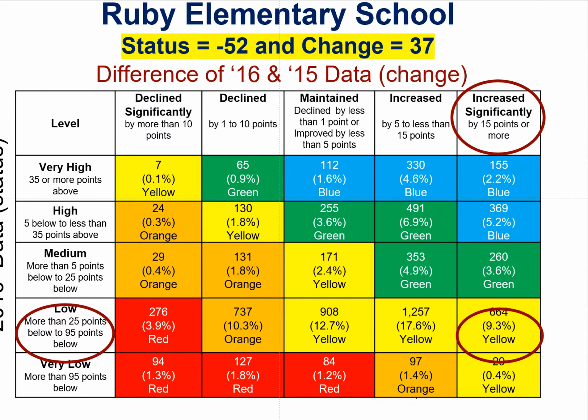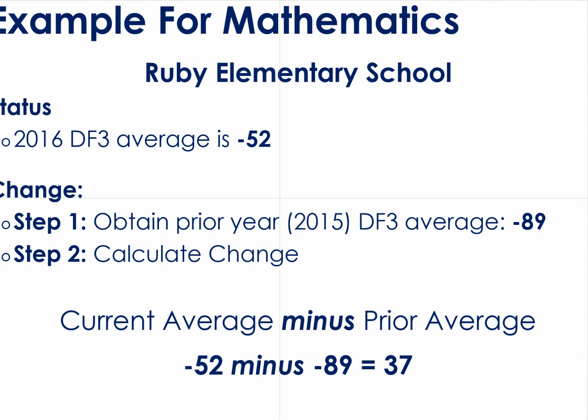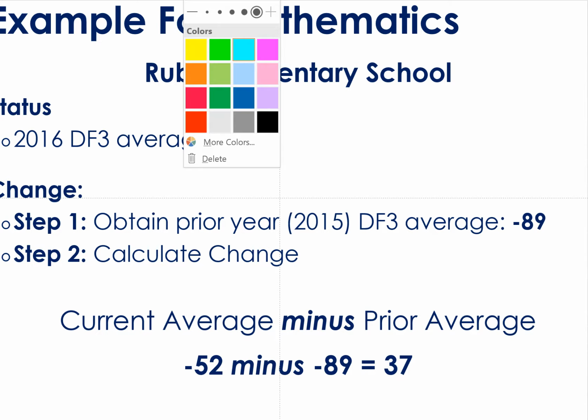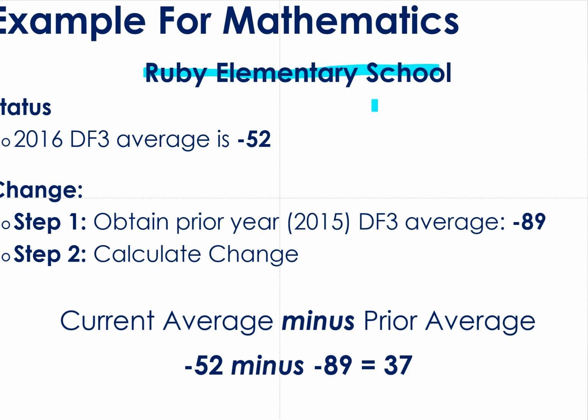Well, here's our 5x5 grid, and we'll go back to an example. Here's the example school district, and in the school district we have Ruby Elementary School. Their status, their distance from level 3 average as a school, was negative 52. That's 2016, and that's important information.